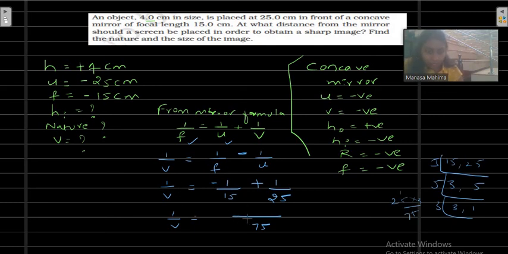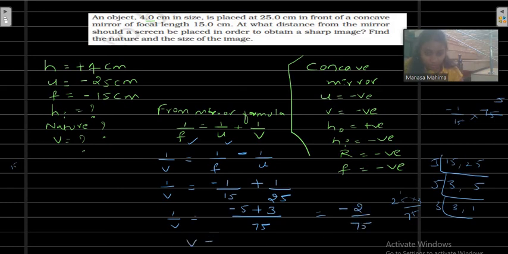So minus 1 by 15 into 75: 15 2s are 30, 15 3s are 45, 15 4s are 60, 15 5s are 75, so it is minus 5, plus 1 by 25 into 75, it is 3 times. So it will be minus 2 by 75.